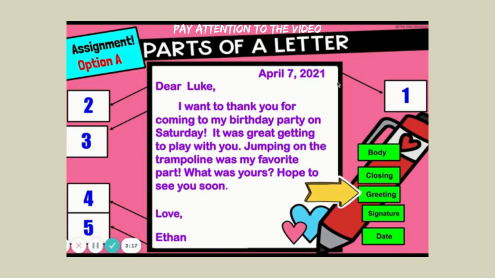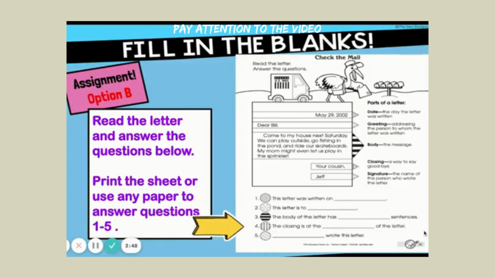For your assignment today, you have two options. Option A, you're going to drag the labels and add them to the part of the letter. What do you think number 1 is? What do we call this? What do we call 2, 3, 4, and 5? You can drag the green boxes or copy and paste them. If you have a tricky time dragging the boxes, friends, you can take a piece of paper and write 1, 2, 3, 4, 5, and you can add the name of the part of letter you think it belongs with.